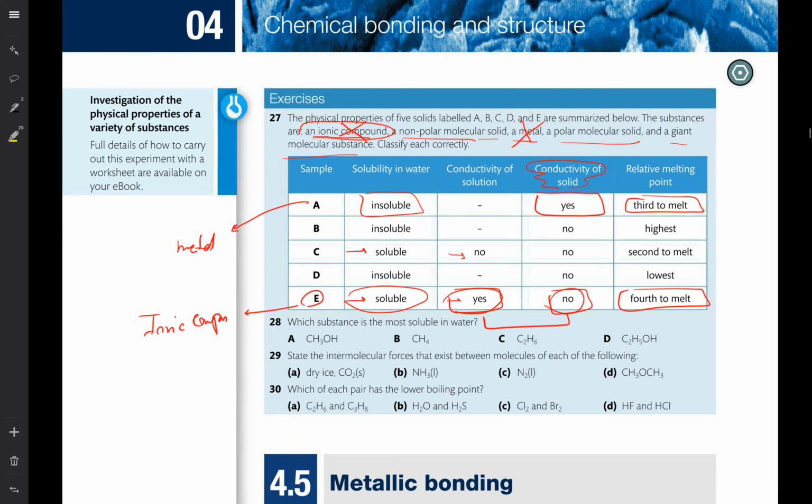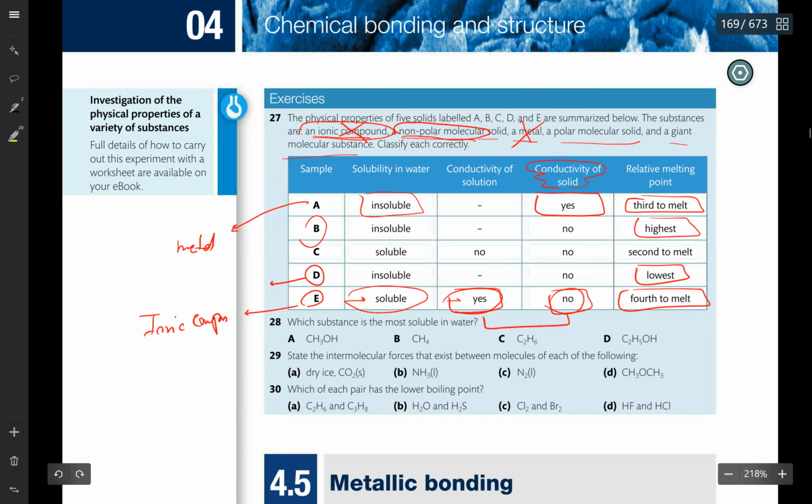Okay, so let's move on to the nonpolar molecules. You know that the nonpolar molecules are insoluble in the water, which is a polar solvent, and B and D are insoluble in the water. But for the B, it says the melting point is the highest. For D, it says the melting point is the lowest, and you know that the nonpolar molecule has the lowest melting point.